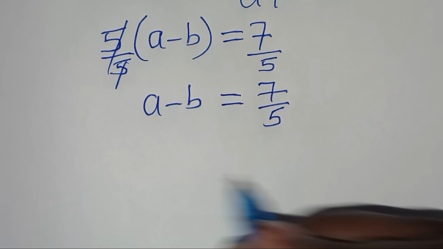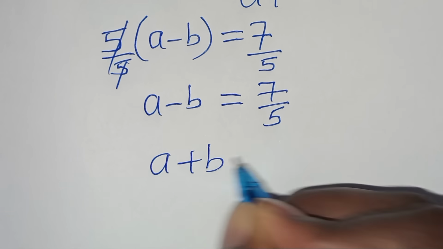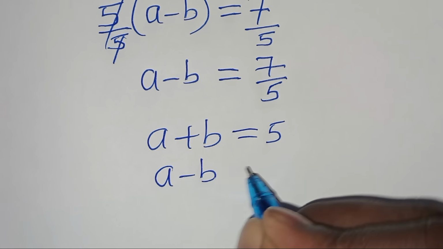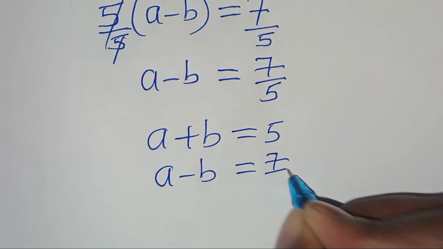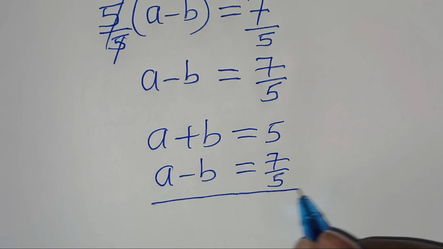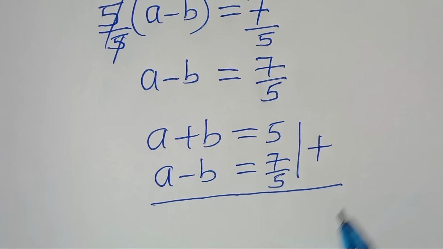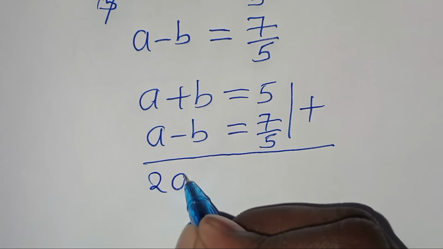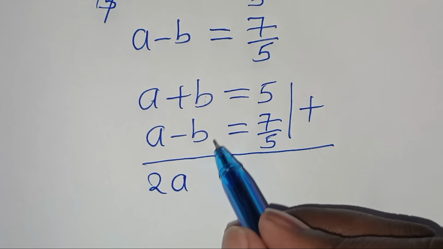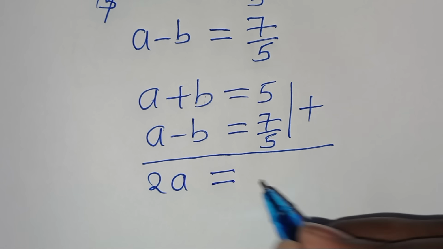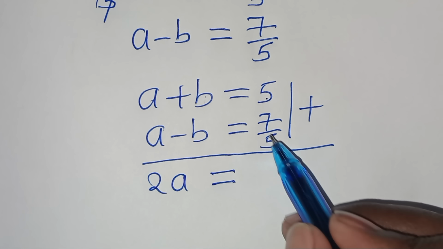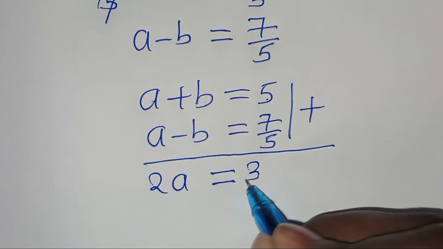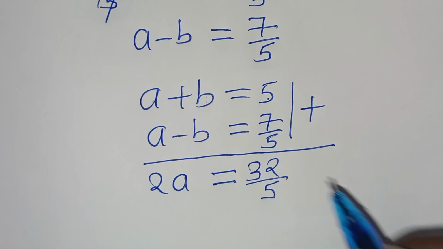Now given that we have a plus b equal to 5 and a minus b equal to 7 over 5, these are a system of two linear equations, so let's sum them. a plus a is 2a, plus b minus b is 0, and this is equal to 5 plus 7 over 5, which is equal to 32 over 5.